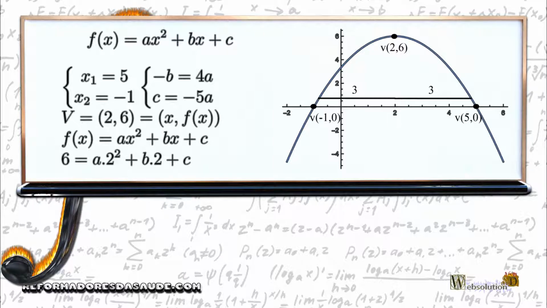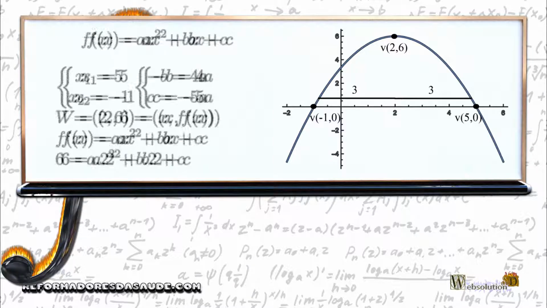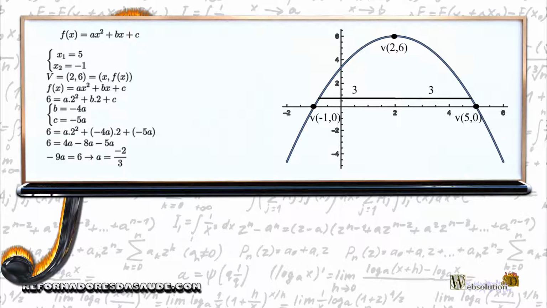That is, 4a plus 2b plus c equal to 6. So 4a minus 8a minus 5a equal to 6. Calculating and applying the rules of signs, it looks like this.